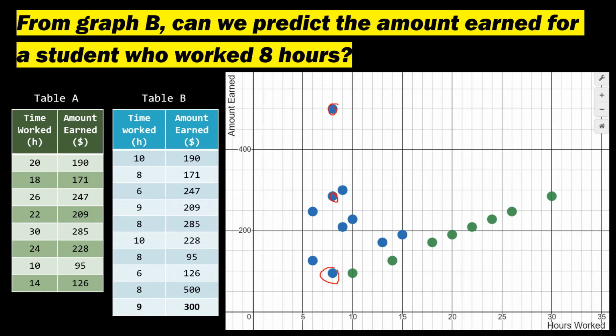If you remember in the beginning of this video, that important question that mathematicians will ask themselves when coming up with relationships was, does the value of one quantity guarantee a unique value for the second quantity? And we can see here that this blue graph does not follow that because we have several different values for one value of x.